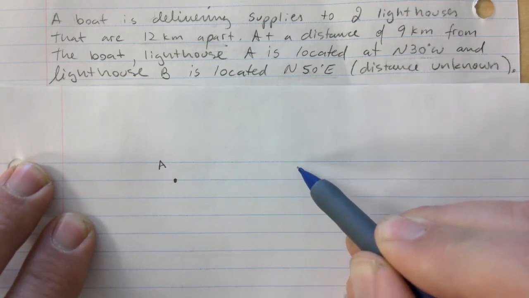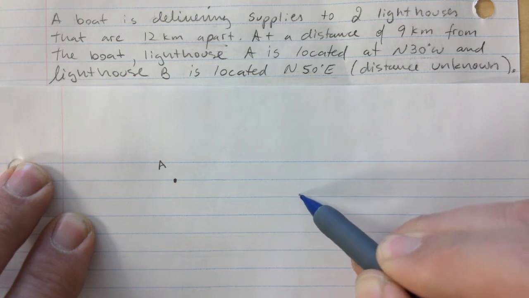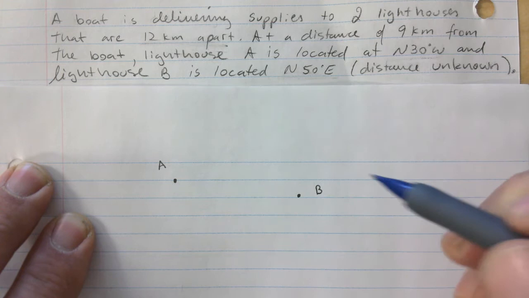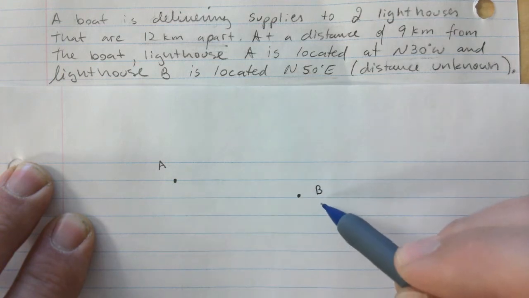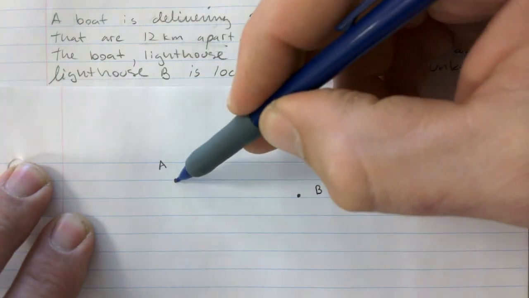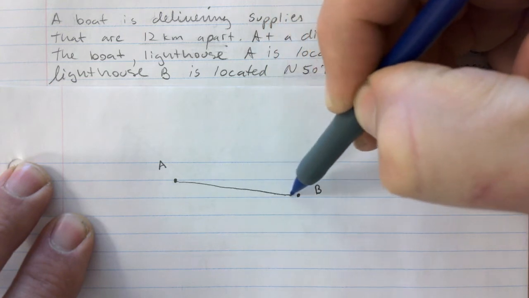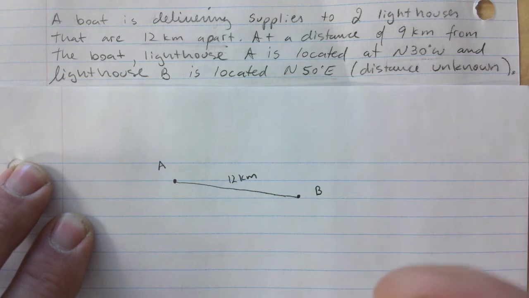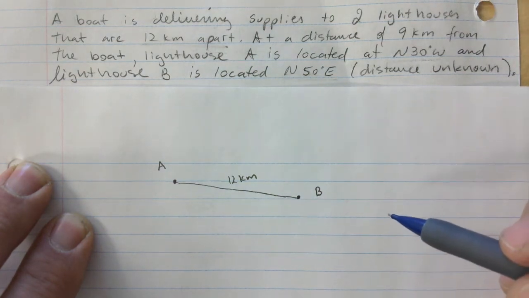I'm going to go either up or down, but not have them next to each other. Lighthouse A and B, and I know that they're 12 kilometers apart. No direction given, nothing. So all you have to go by is that.